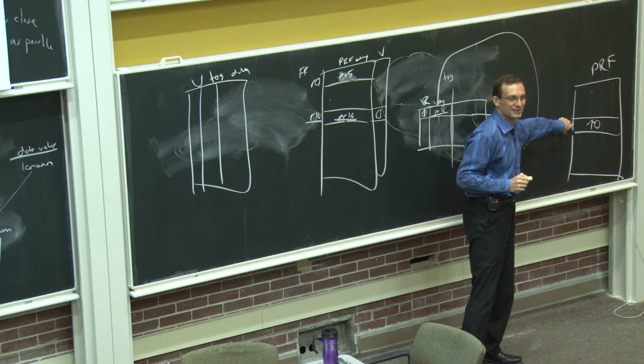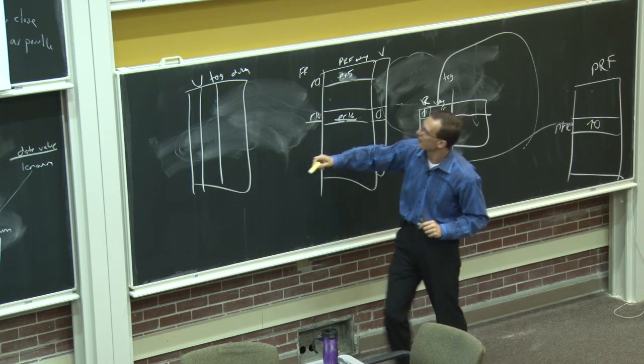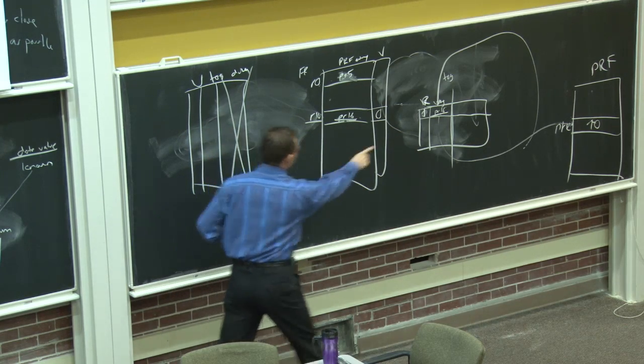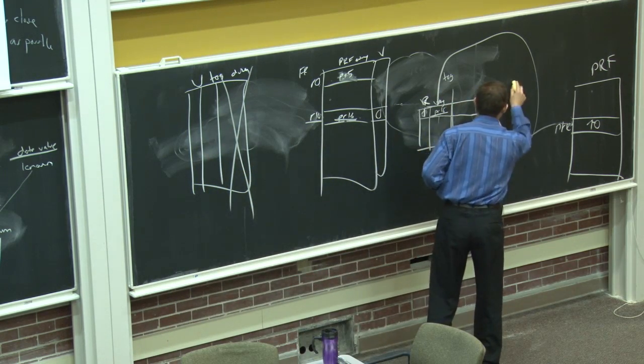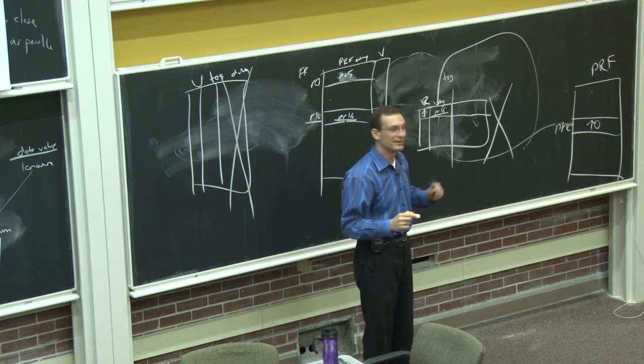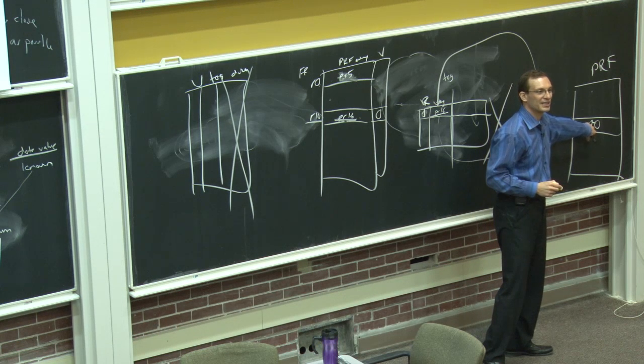Make sense? So this way, you don't need to duplicate the data everywhere. Now you got rid of the data from the register file. You got rid of the data entries from the reservation stations. You got rid of the data entries from the architectural register file too, right?